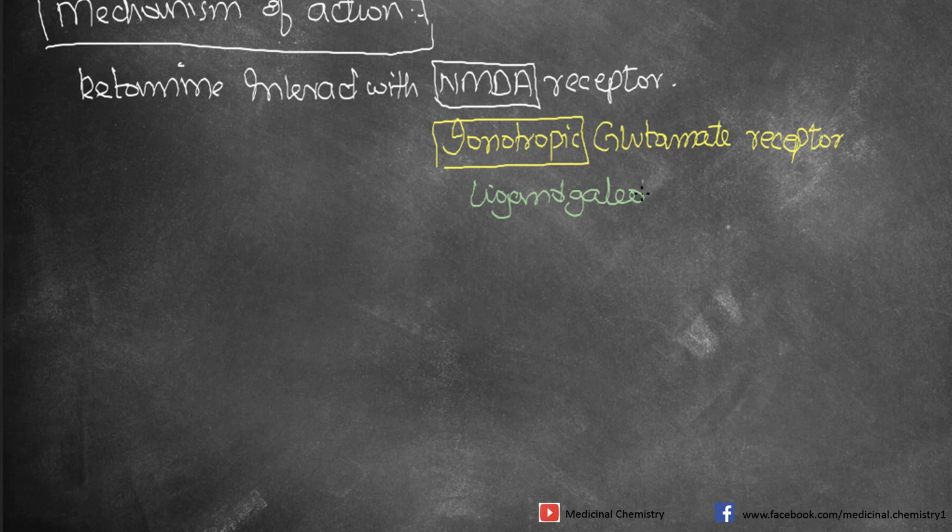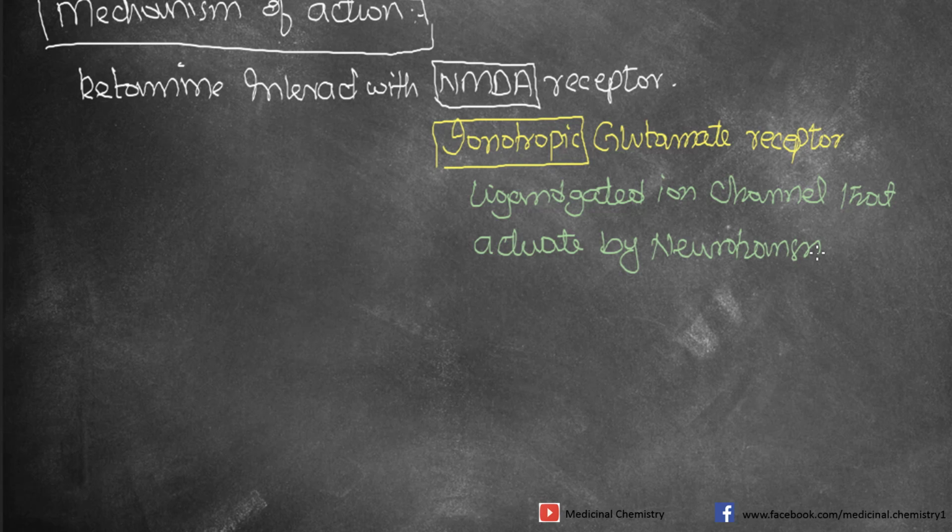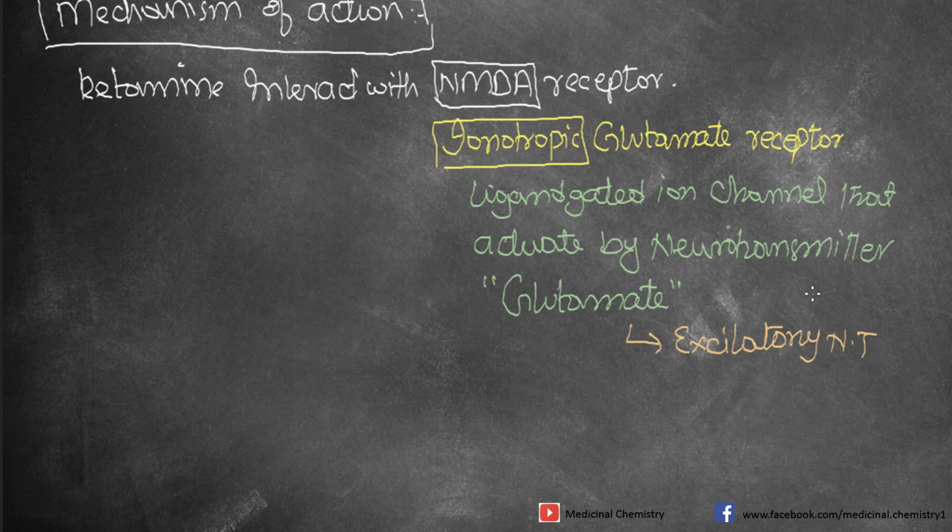These ligand gated ion channels cause depolarization of certain neurons, so they cause excitation. They are activated by the neurotransmitter glutamate or glutamic acid, which is an excitatory neurotransmitter. So this is the normal process: the NMDA receptor is an ionotropic glutamate receptor, a ligand gated ion channel activated by glutamate.